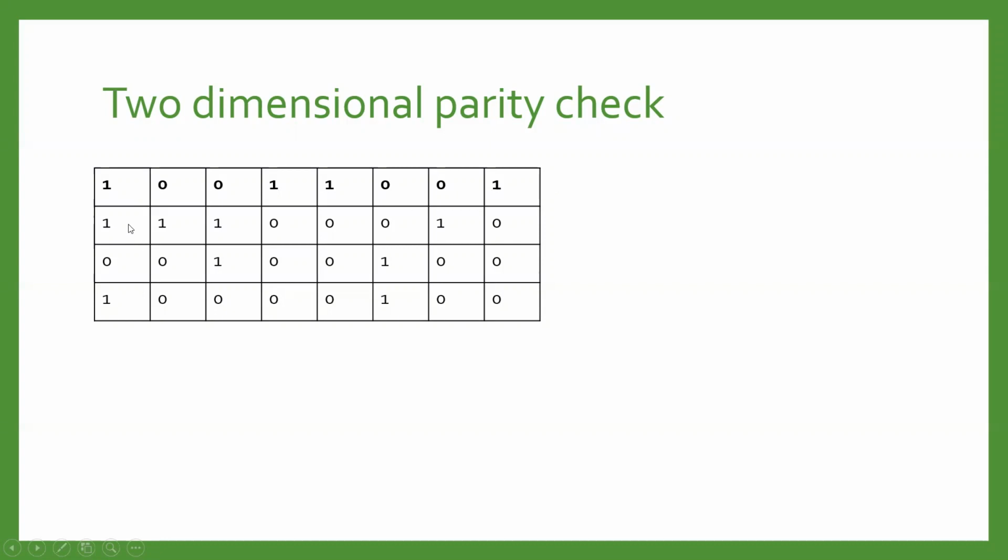Now look at the second row: 1, 2, 3, 4, four ones are there. That means we keep this as 0. Same for the third one, two ones are there, so we add a 0 bit here. Again the same for the last row, we add a 0 parity bit here, right? Like this.